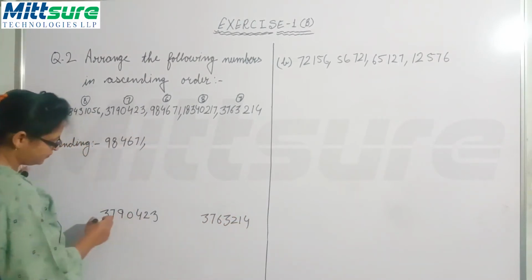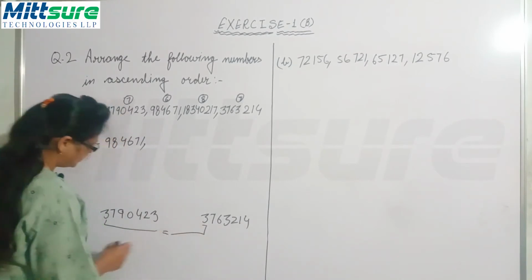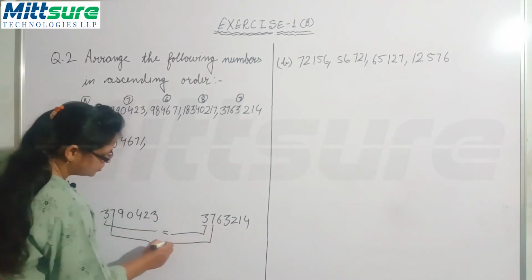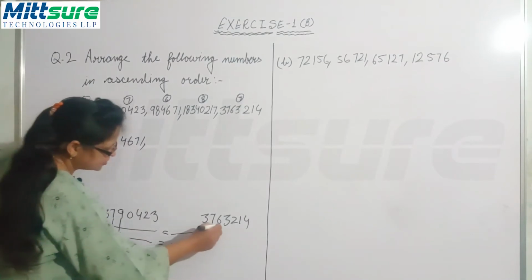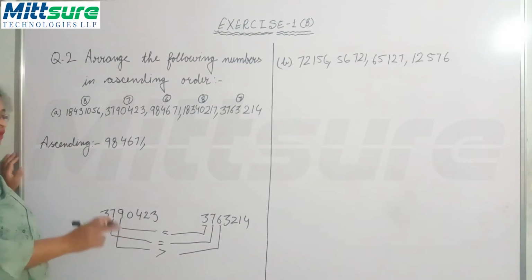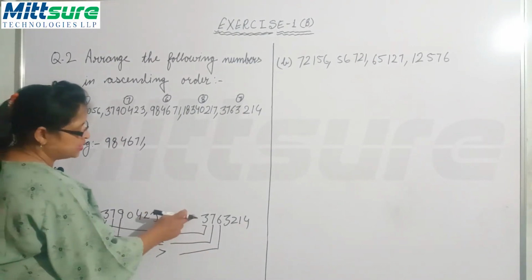If we compare the leftmost digit, that is equal, and this is 7 and this is also 7. So this is also equal. This is 9 and this is 6. So we can say this number is greater, and we require the lesser number. So this is the lesser number.